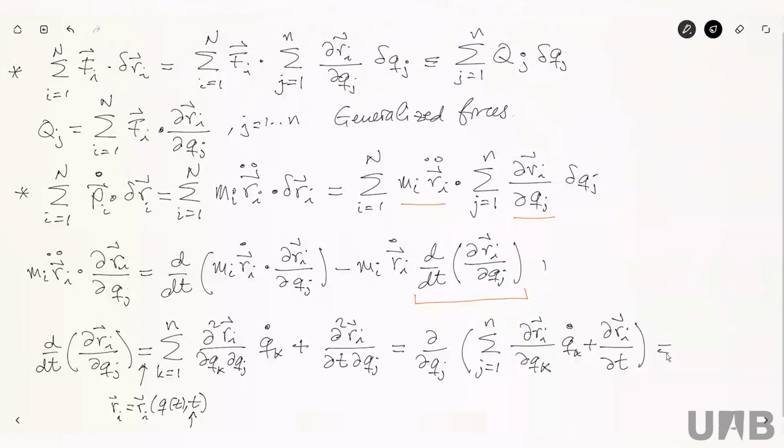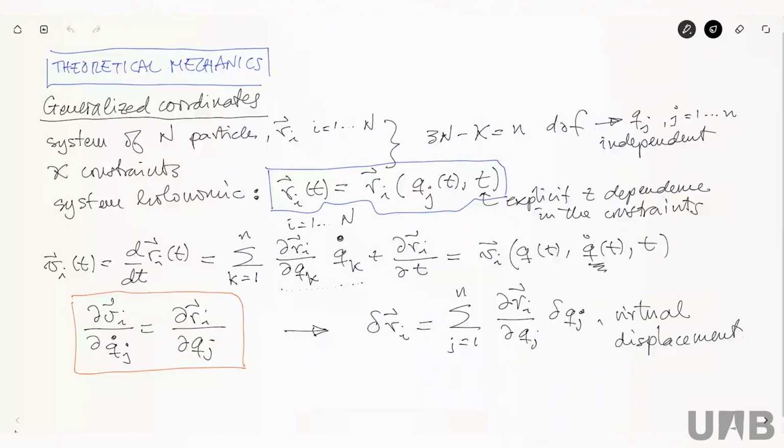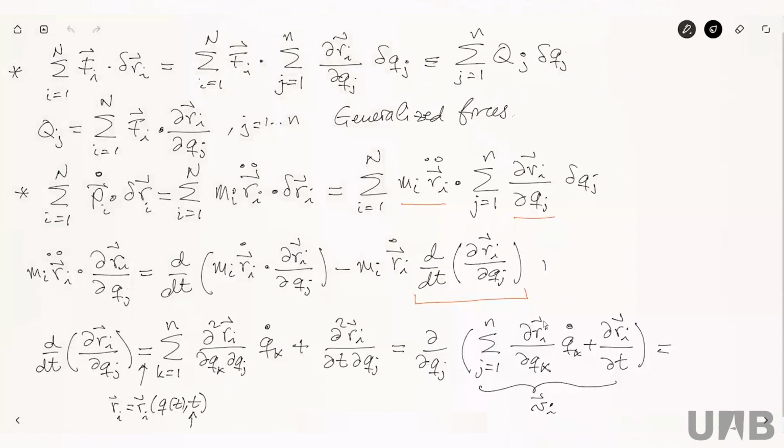And surprise, what we find here is the same as the velocity. This is the velocity that we had in the previous slide. Just look at this expression, dr/dq q dot plus dr/dt. Here it is, dr/dq q dot plus dr/dt. So it is the same expression. So indeed, this is the velocity.